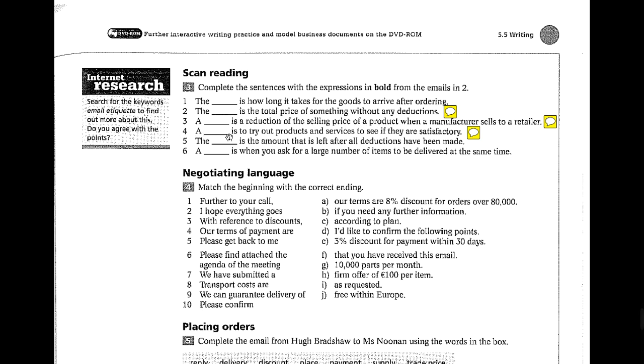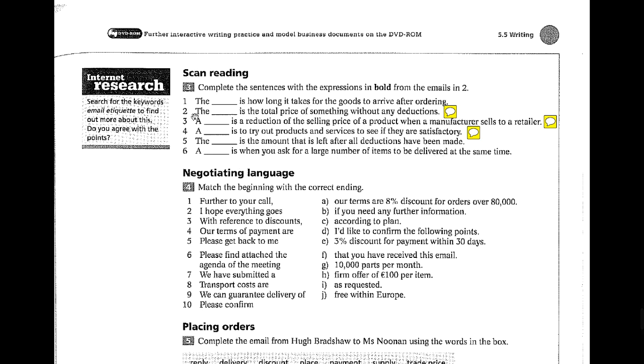A trial order is to try out products and services to see if they are satisfactory. The net price is the amount that is left after all the deductions have been made. And a bulk order is when you ask for a large number of items to be delivered.